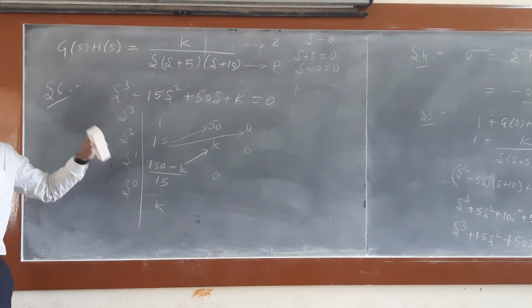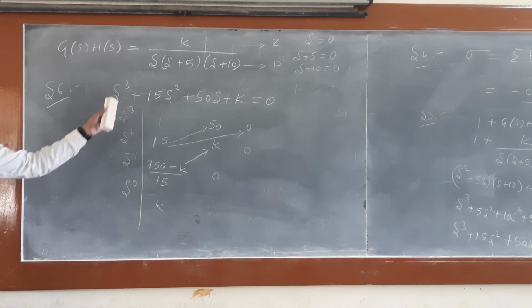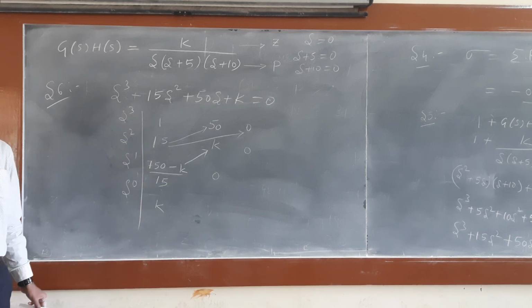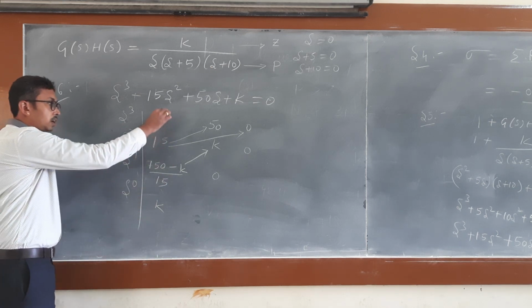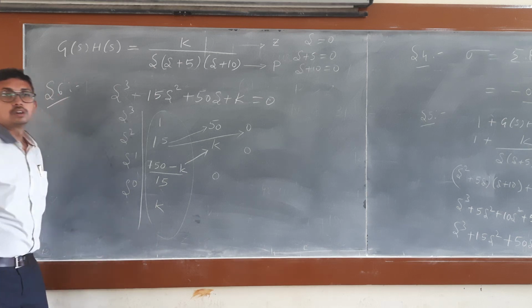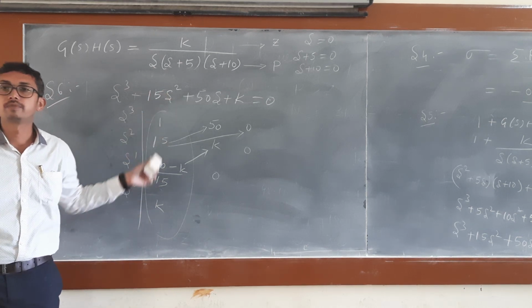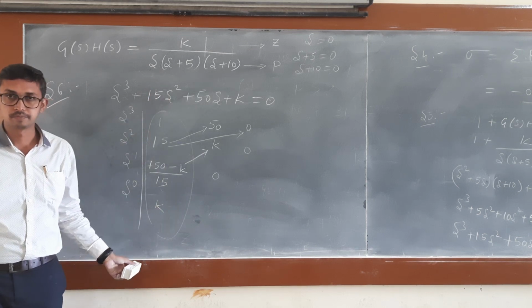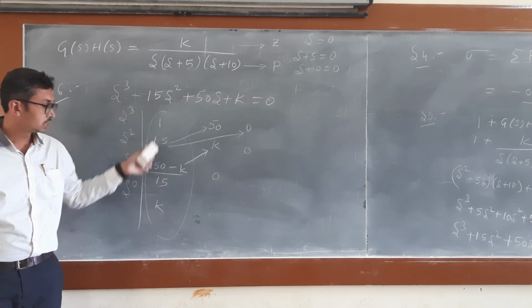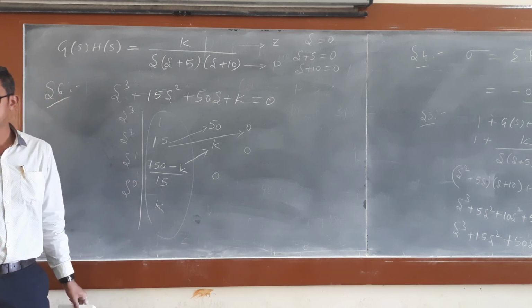We already did the RH method in the previous unit. So now how to find the value of k? For the system to be stable, the first column of the array must be of the same sign. So if this system has to be stable, this must be a positive value, right?